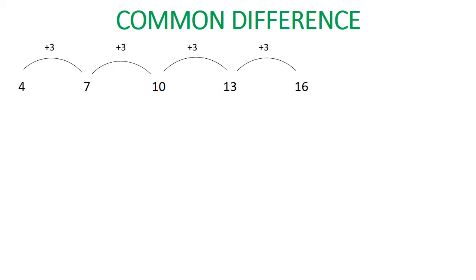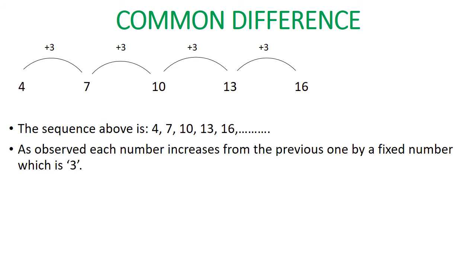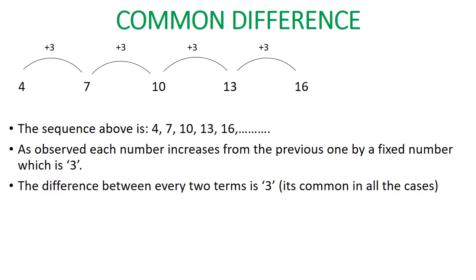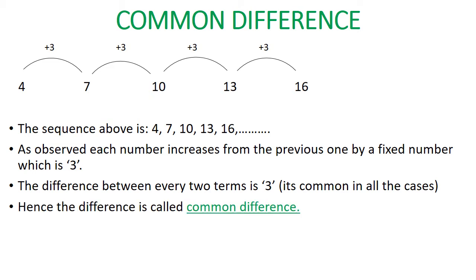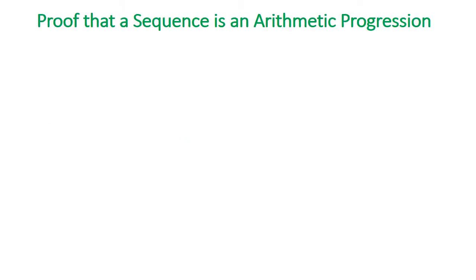Always the difference is the same. That is the common difference. The sequence 4, 7, 10, 13, 16 keeps on increasing by 3. The difference is 3, and it is common in all the cases, therefore it is called common difference.